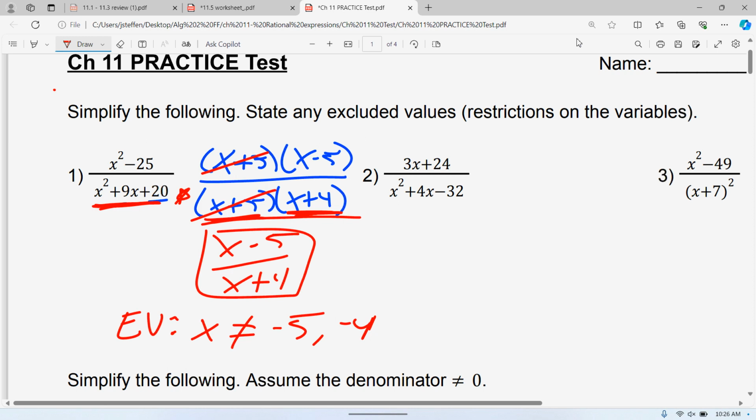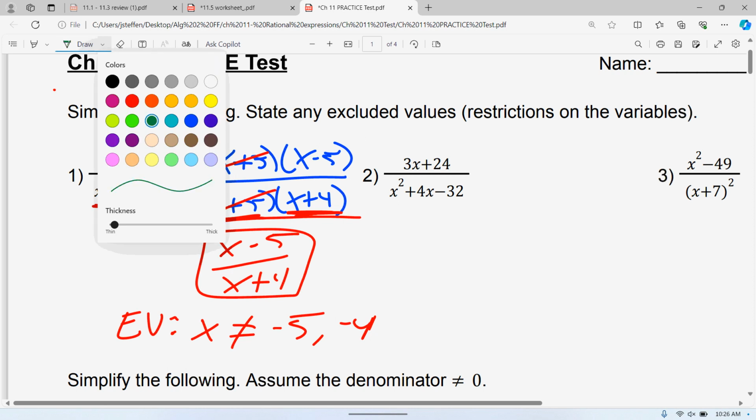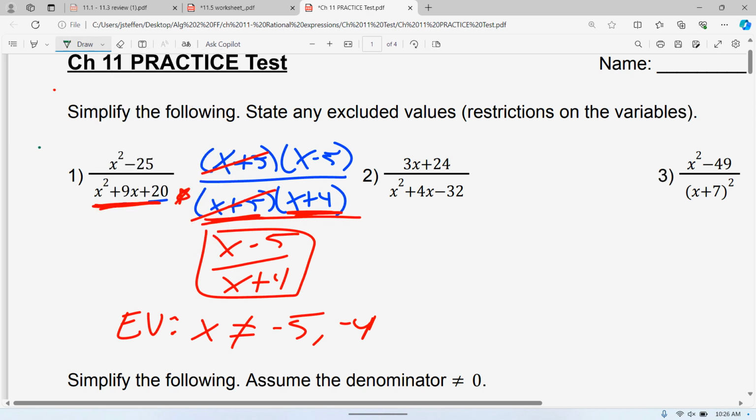One really quick thing. Please remember, the only reason we can cancel, if you have the same thing in the numerator and the denominator, is because they are multiplying. I say that because every year somebody's first thing is to take out the x squares. You cannot do that because it's x squared minus 25 or x squared plus 9x plus 20.